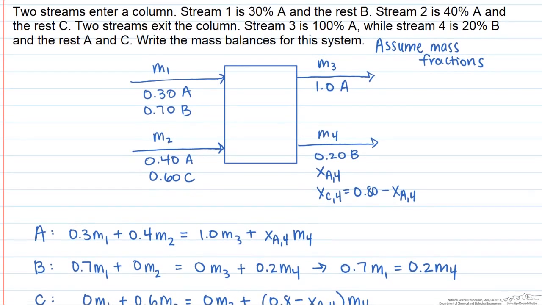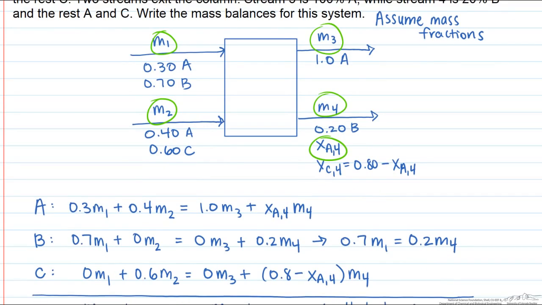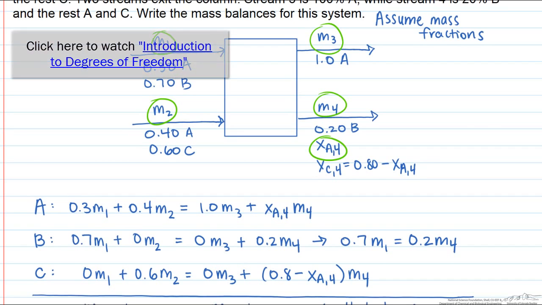Finally, note that we have 1, 2, 3, 4, 5 unknowns, but we only have 3 mass balances that we can write. So as this system is stated, we can't solve it. This is what's called a degree of freedom analysis, and I'd like to direct you to another screencast that describes what a degree of freedom analysis is.